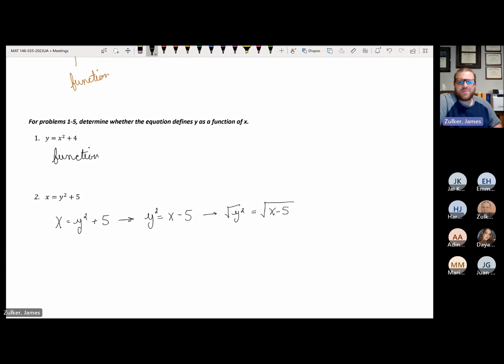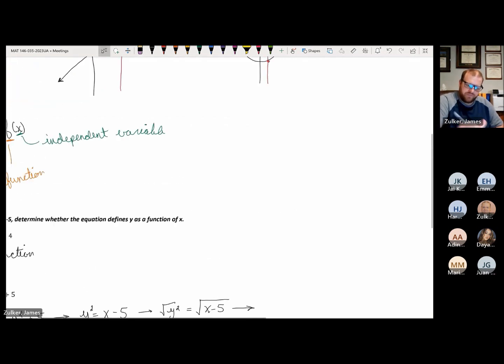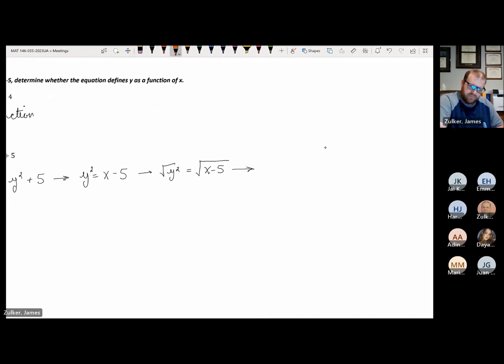Take the square root of both sides. Square root of y squared is equal to the square root of x minus 5. But what is the square root of y squared? Is it y? What is the square root of -2 squared?